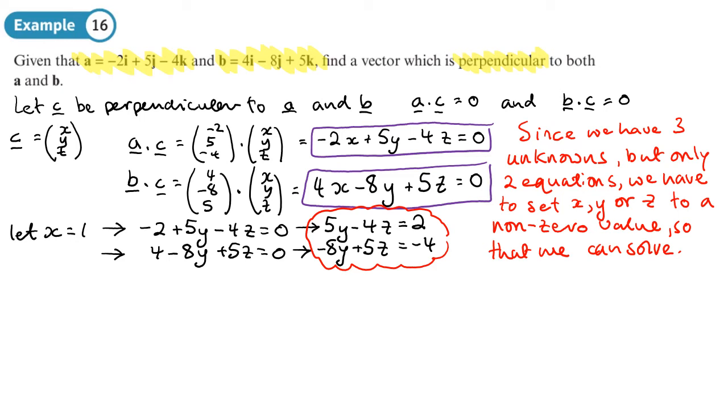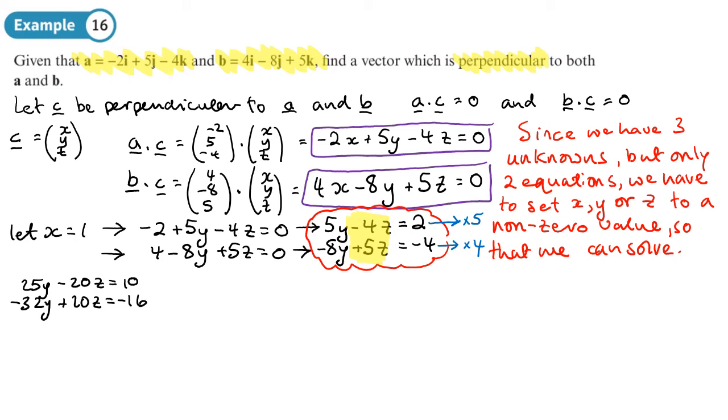Now I can solve these simultaneously since I've made x equal to 1. So I will take the first equation and multiply that by 5, and the second one multiply that by 4 so that I can get these coefficients the same. If I do that, I will now get 25y minus 20z equals 10, and -32y plus 20z equals -16.